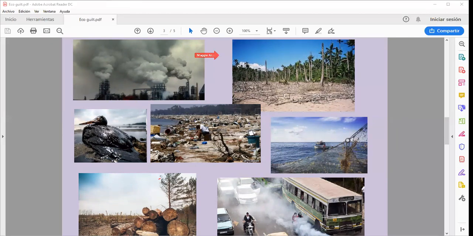Okay, so Ivan wrote, in the picture, I see the deforestation of the forest. Excellent. Nora wrote, cut trees. Nora, cut is an irregular verb. The past participle form is cut. So we could write cut trees.